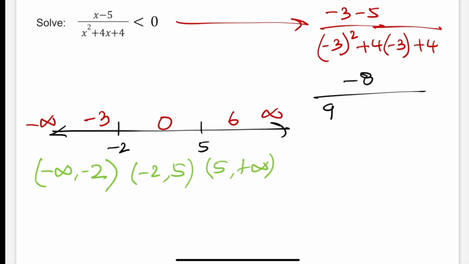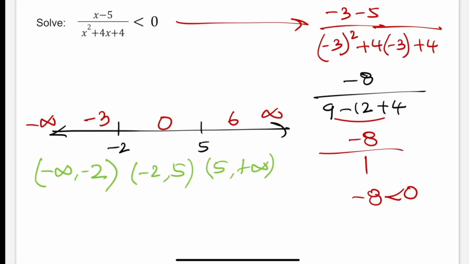The bottom is -3 squared is 9, minus 12 plus 4. This is going to give me 9 and 4 is 13 minus 12 is 1. -8 divided by 1 is -8.